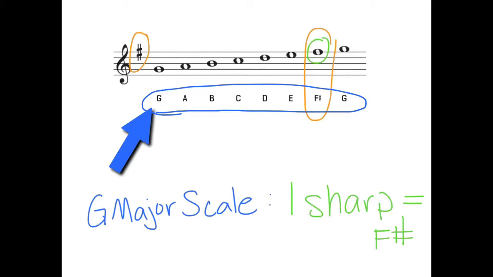Okay, so if I follow along on my scale here and I come along to this note, now regularly, without the sharp, this would be an F. But now, since we have the added sharp, it is called F sharp, and it'll always be played as F sharp in the music unless stated otherwise. So in G major, one sharp equals F sharp.